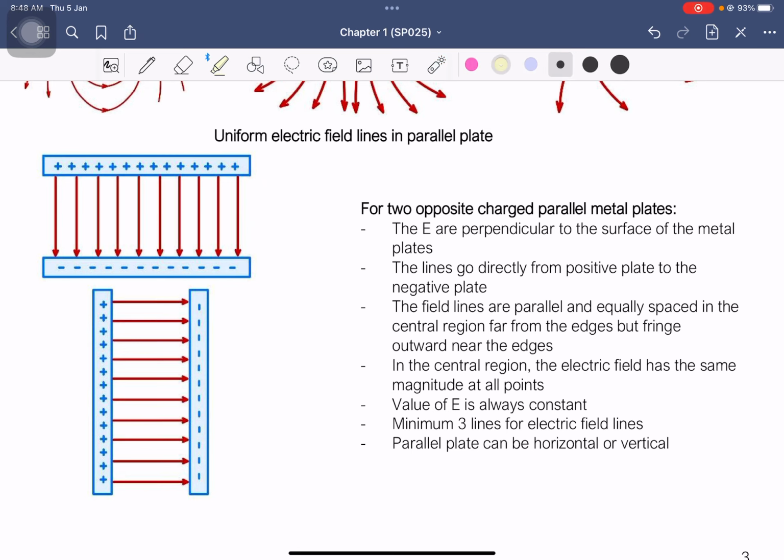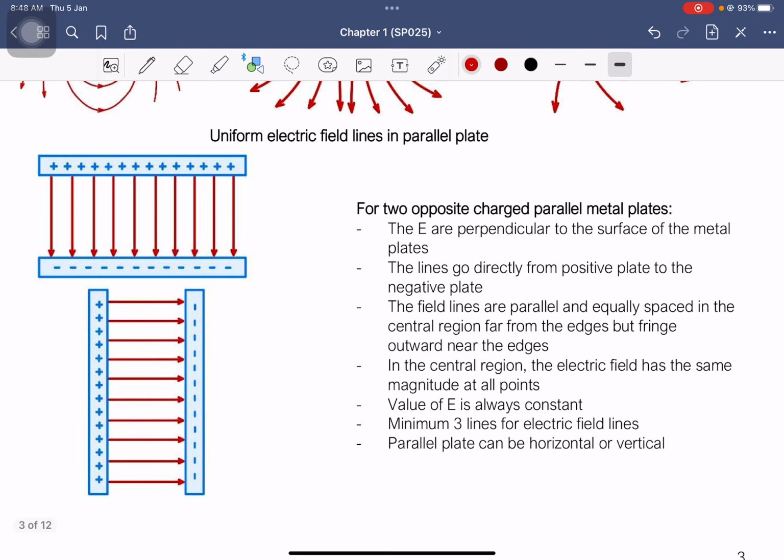So basically they wouldn't be like this at this point here. They would go something like this as it goes further near the edges.